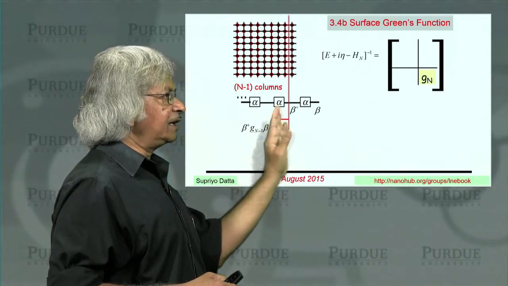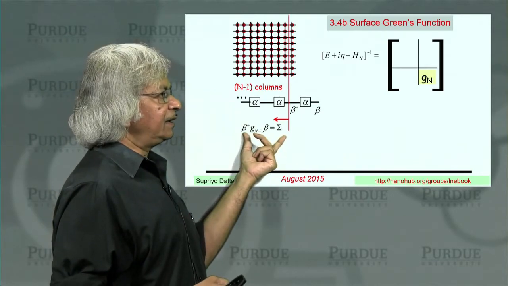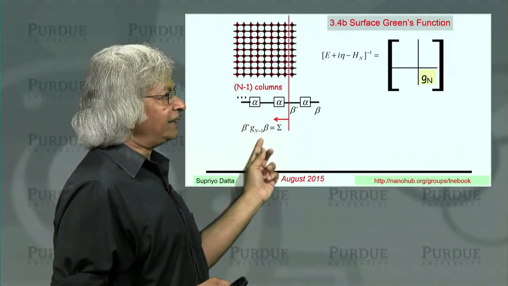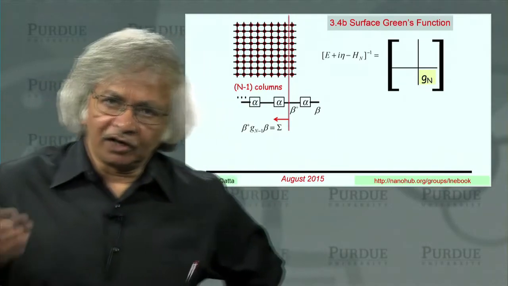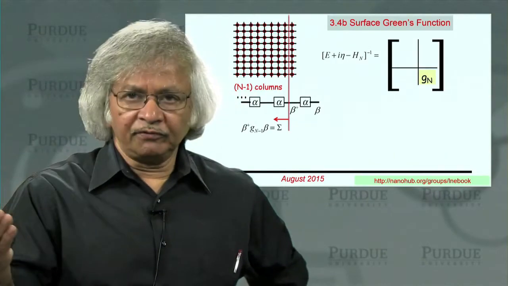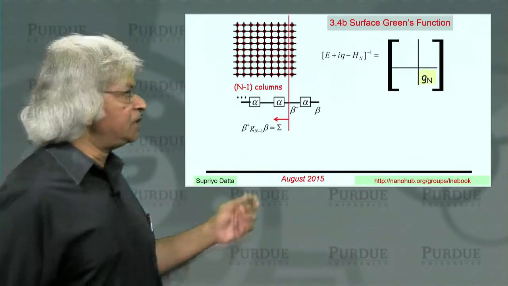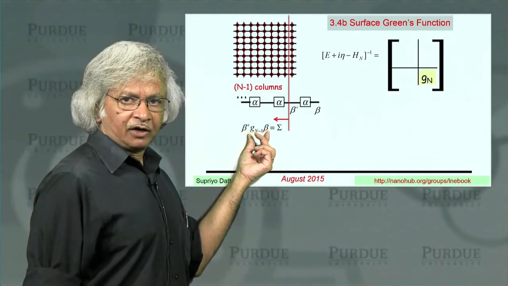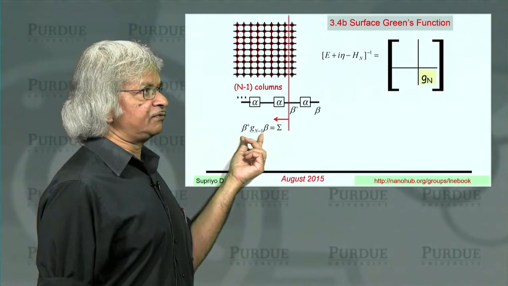So you could write the self-energy for these n minus 1 columns in this form, where this G is the surface Green's function for a contact with n minus 1 columns. Now, how do you find that? Well, that we'll see. But supposing you knew it, supposing you knew the surface Green's function for n minus 1 columns, then you could write the self-energy in this form.